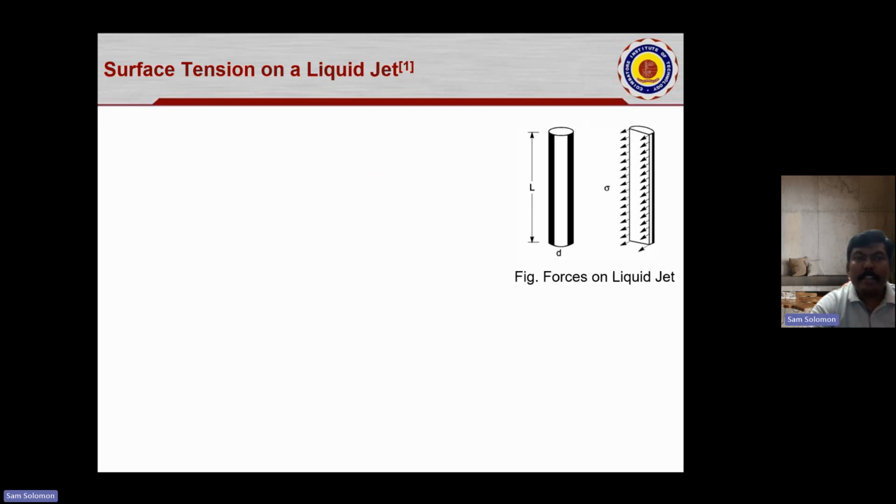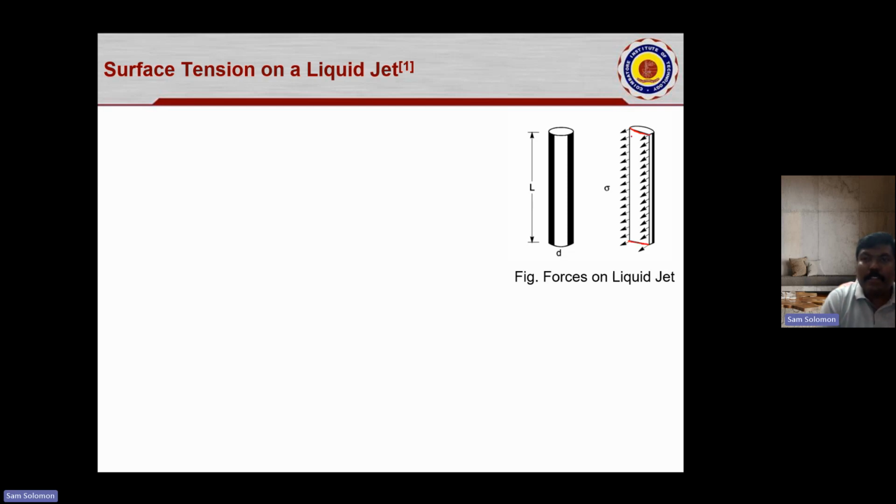The next one is surface tension in the case of a liquid jet. If you take a liquid jet that flows through a pipe-like structure, and divide this into two halves, you can see that the length of the jet is going to be L and the diameter of the jet is going to be small d. If I split that in half, I have this rectangular cross section.